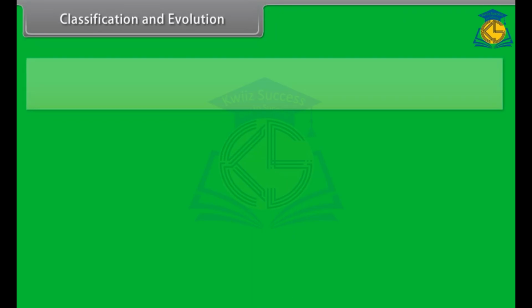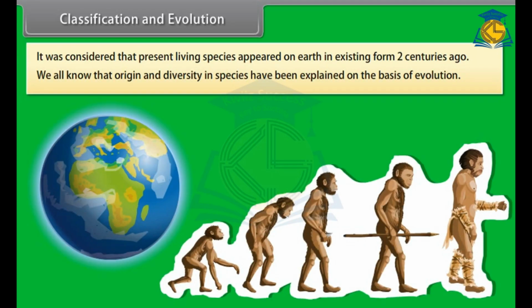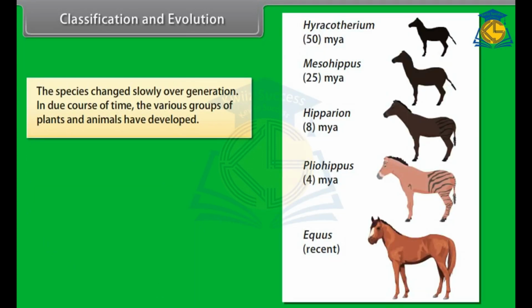Classification and evolution. It was considered that present living species appeared on Earth in existing form from 2 centuries ago. We all know that origin and diversity in species have been explained on the basis of evolution. The species changed slowly over generations.